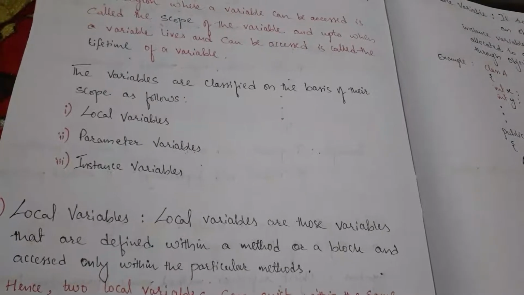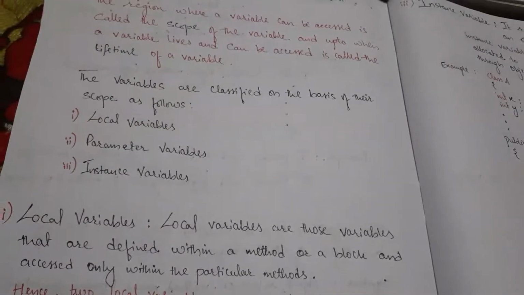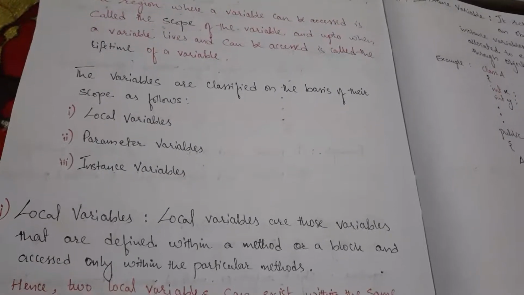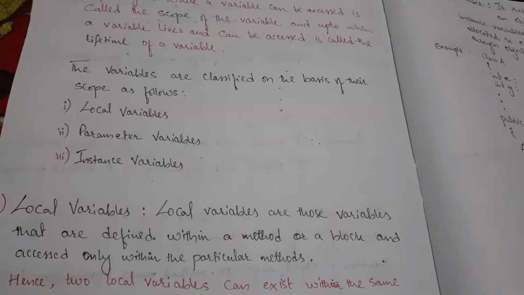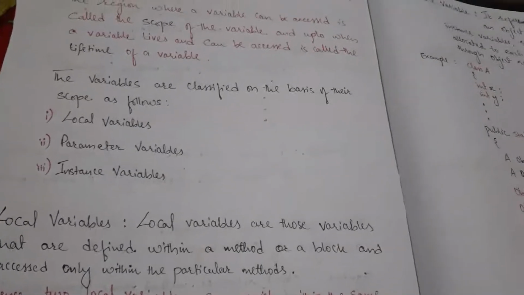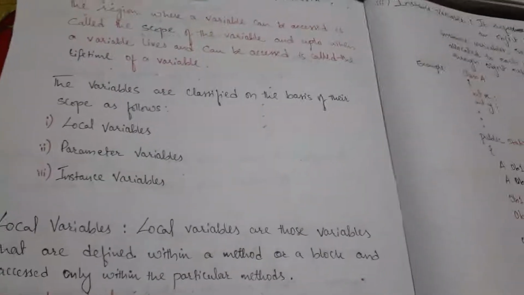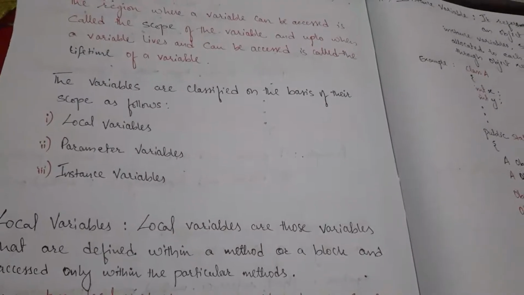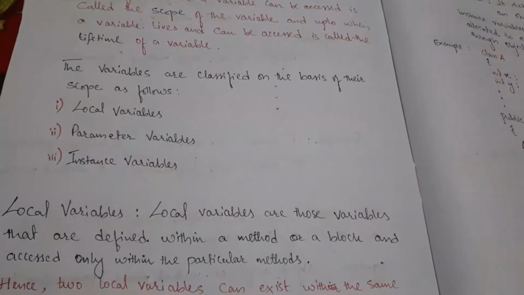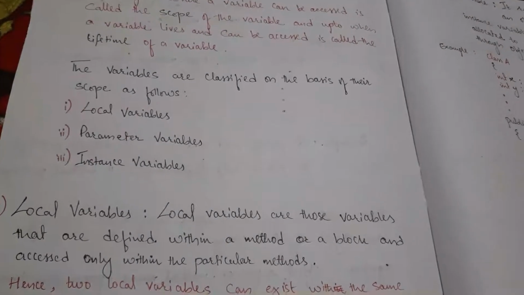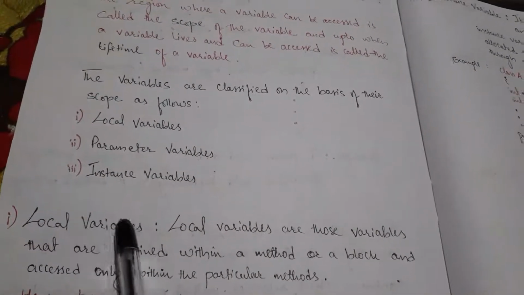That means there in the programming portion, after defining a class, the next step is to define a method. These are the things that we have studied in previous class as well. All right, so after defining a method, whatever variable we include inside the curly braces or inside a block of a method, that particular variable is considered as local variable.